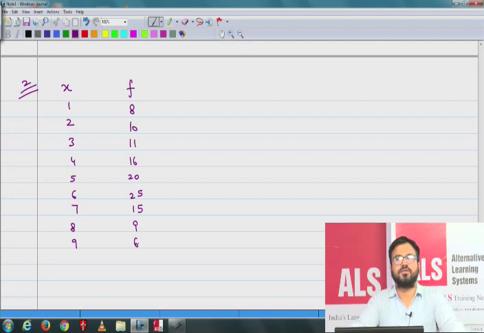So x is the marks, and these are the numbers of students who got each mark. 1 mark is obtained by 8 students, 2 marks by 10 students, 3 marks by 11 students, and so on. And we have to find the median of this data.